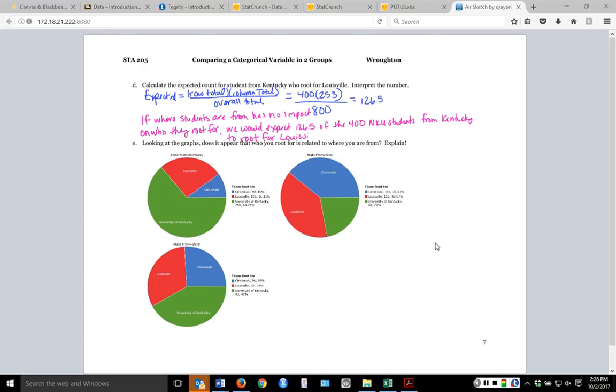Again, that's assuming that where they are from would have no impact on who they root for. That's how many students we would expect from our 400 from Kentucky to root for Louisville.